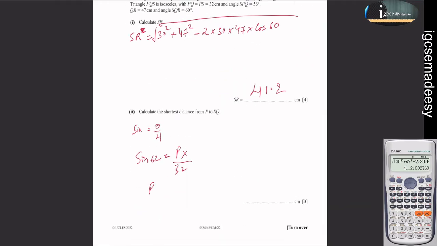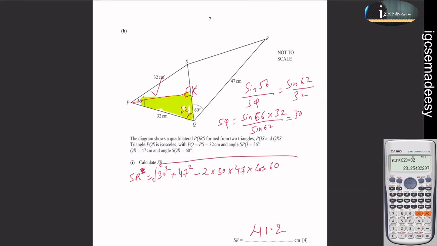So PX equals sine 62 times 32 will be the length of PX. We'll use the calculator. Sine of 62 times 32 is 28.25. 28.3 we can write is the shortest distance between P and SQ.